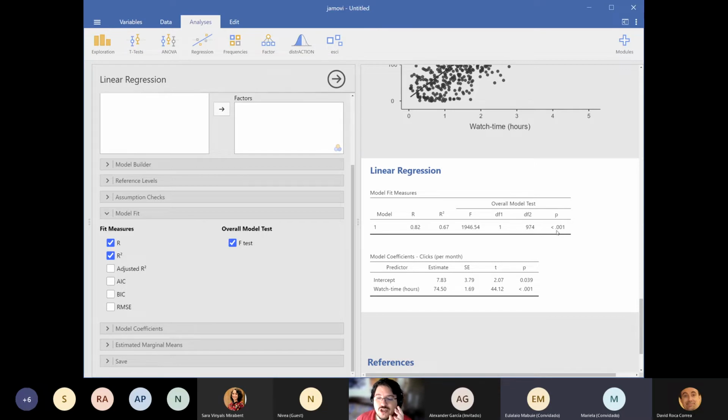Well, smaller than 0.01. So this is the idea of the p-value that is associated to a statistic when you do a hypothesis test. Here the null hypothesis is my variables are not correlated. This is the observation, an F of 1900. And the probability of observing that or a more extreme value and your variables not being correlated is very, very low.